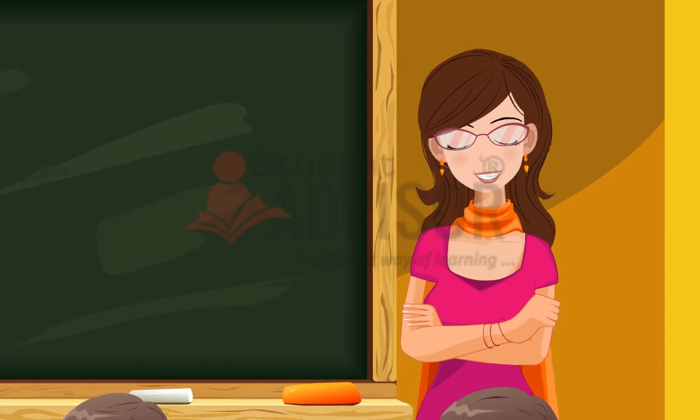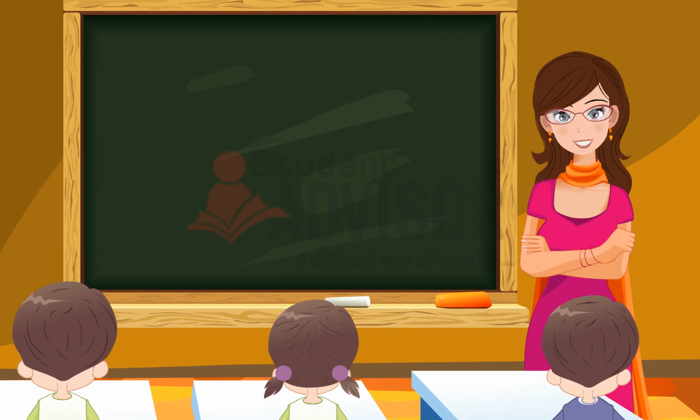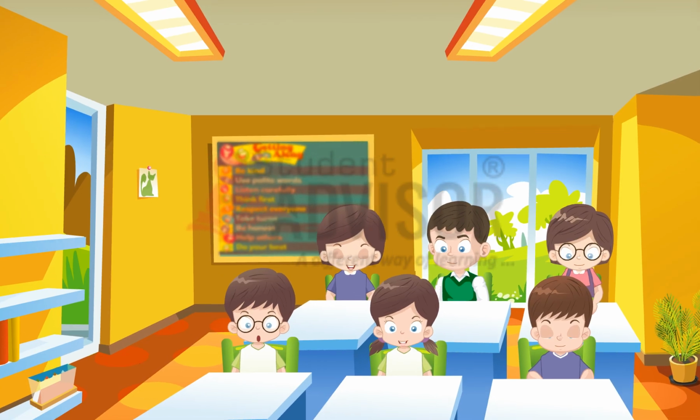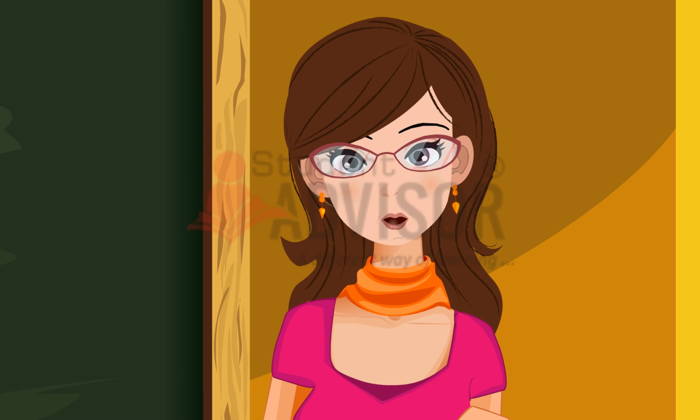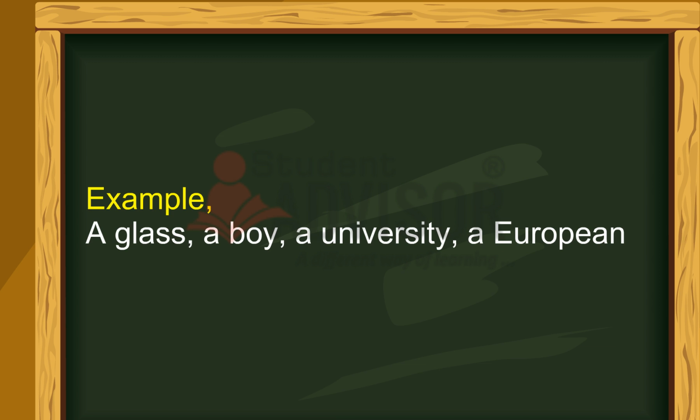The use of a and an is basically related with the sound of pronunciation of words. A is used before such words which begin with consonant sound, no matter whether their first letter is a vowel or a consonant.